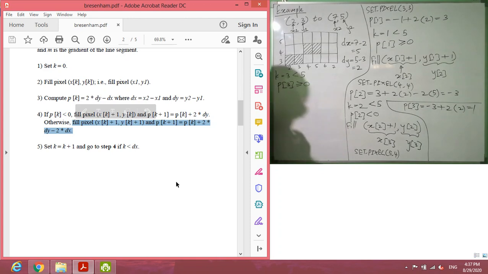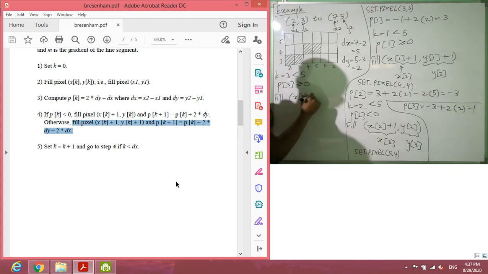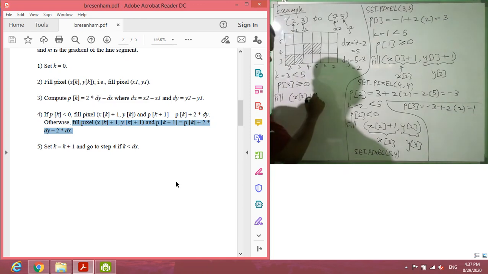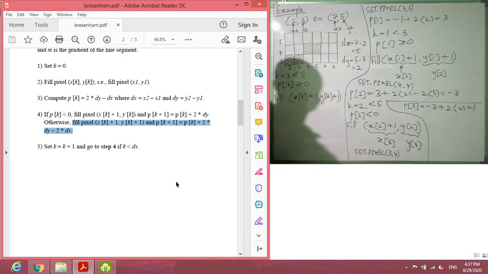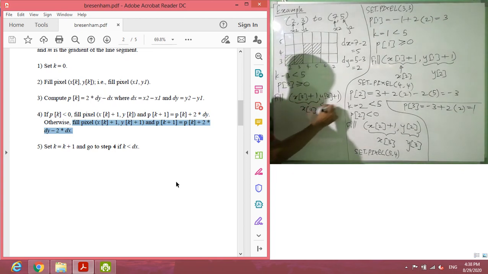We have to fill x3 plus 1, y3 plus 1. Okay, now this is our new x4, this is our y4.